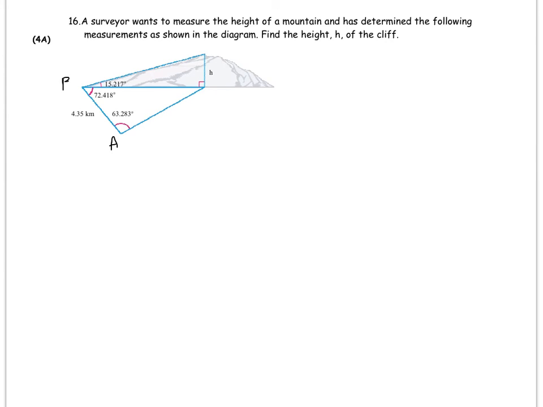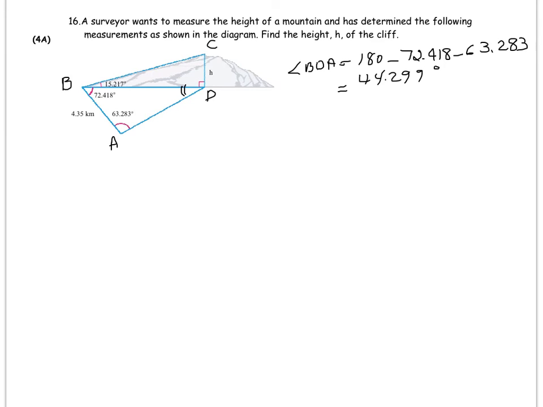So this is A, B, C, and D. From here, I can say that angle BDA, which is this angle, is going to be 180 minus 72.418 minus 63.283, which is going to give us 44.299 degrees. So angle D is found.